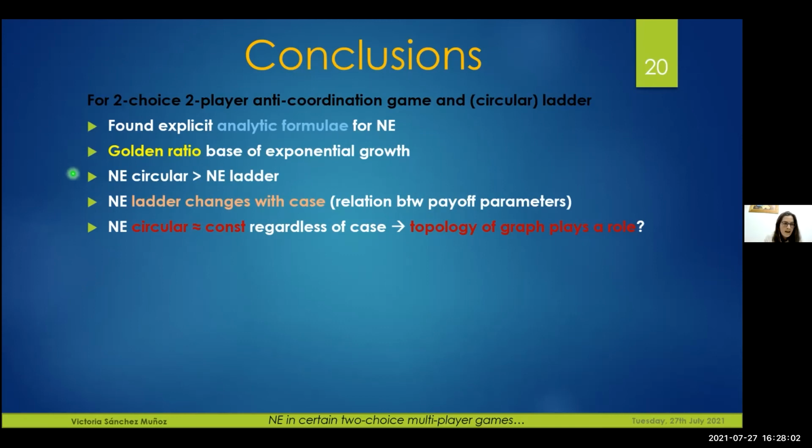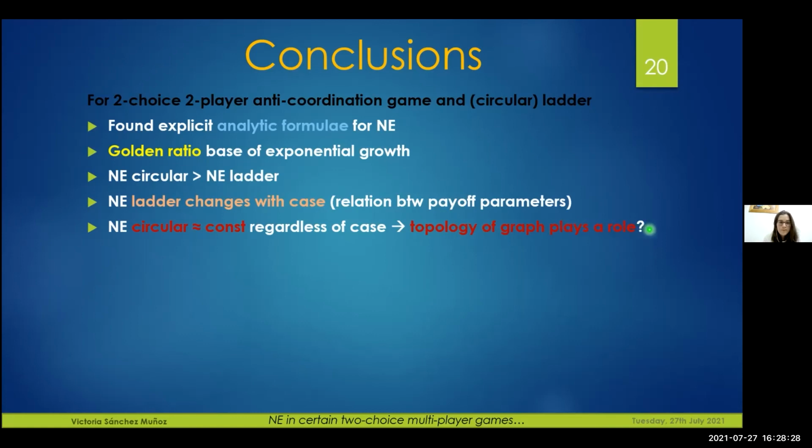And then, the number of solutions for the circular ladder is always greater than for the ladder. I had no intuition about that, but it's maybe surprising as well. And as I said, for the ladder, it changes with the case, which is related to the payoff parameters, but for the circular ladder, it is constant, which might suggest that the topology of the graph is playing the main role there.